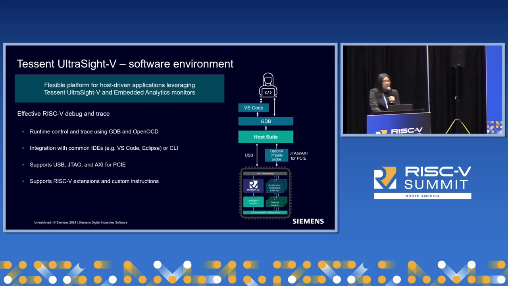On the software front, the UltraSight-V software component provides effective RISC-V debug and trace. It provides run control and trace through GDB and OpenOCD. It provides you the capability of integrating it with common IDEs such as VS Code or Eclipse, or if you want to use a command line interface, that's also possible. As mentioned, it supports USB, JTAG, and AXI for PCIe access, and it also supports RISC-V extensions and custom instructions as well.